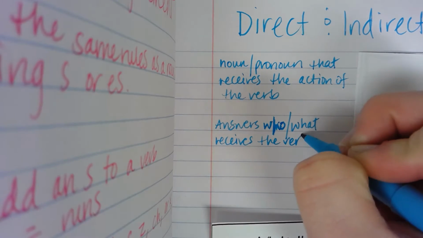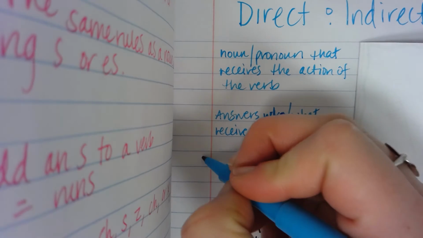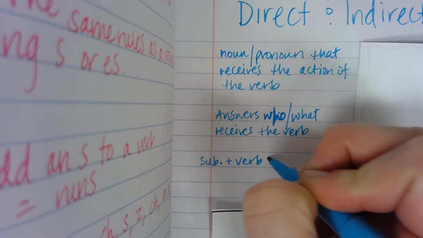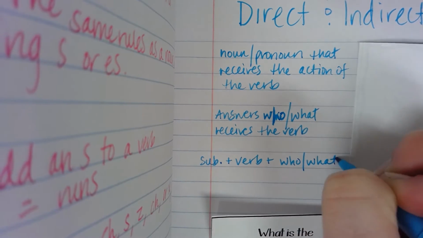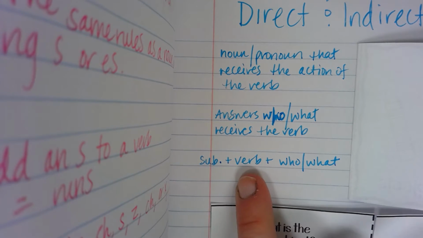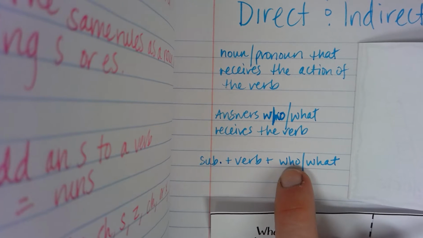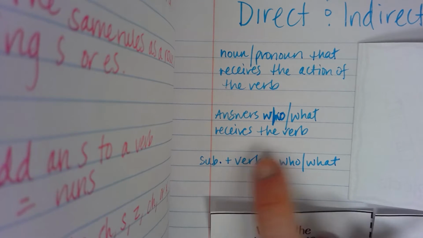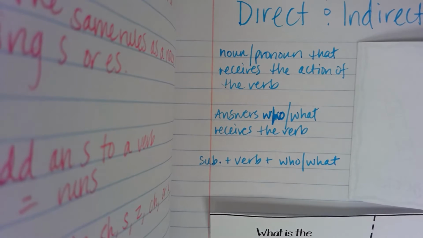We find the subject plus verb plus who or what. So we find the subject in the sentence, we find the verb in the sentence, and then we say verb who. If we can answer that question, we have a direct object. If we can't answer who, and we say verb what, and we can answer that question, we still have a direct object. It can only answer these two questions. It cannot answer any other question word.